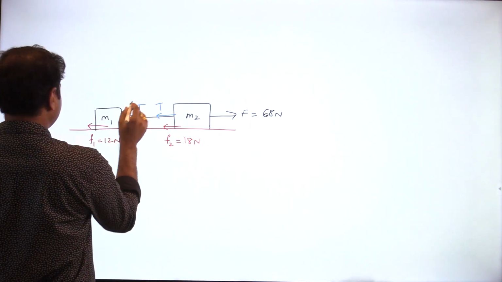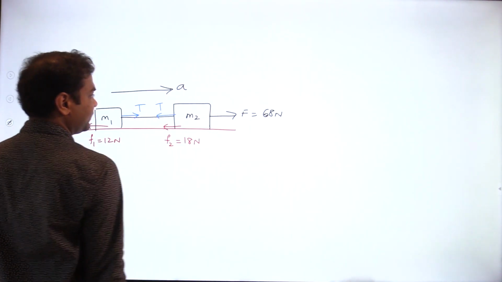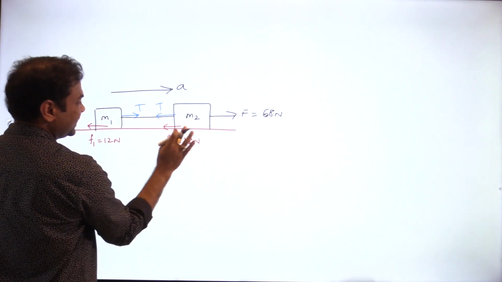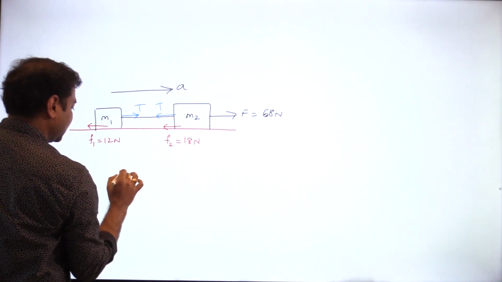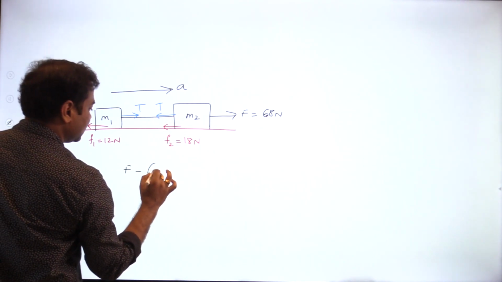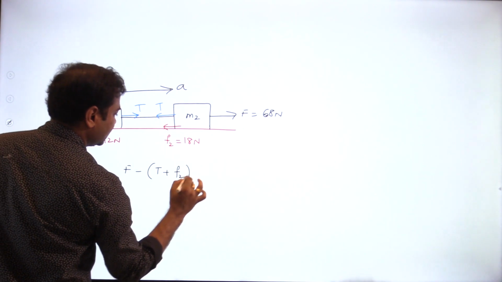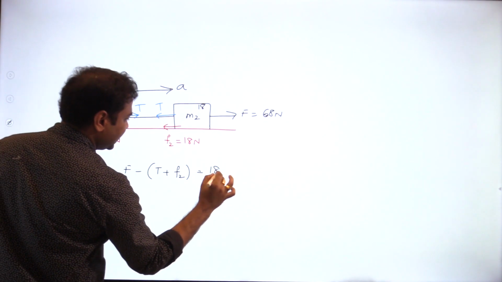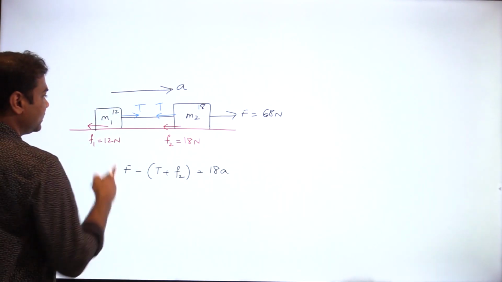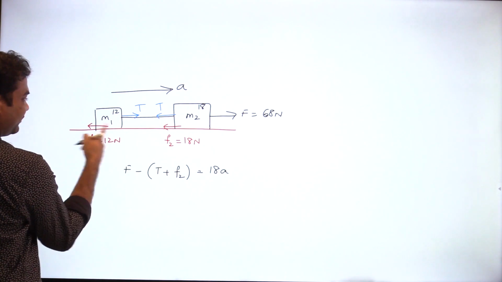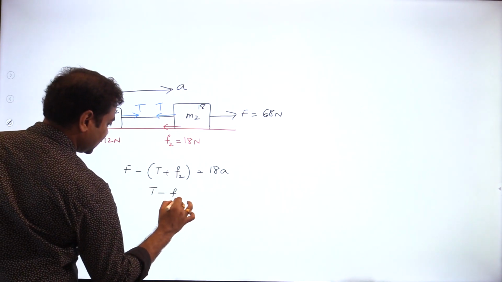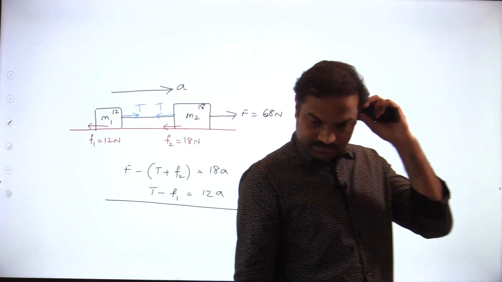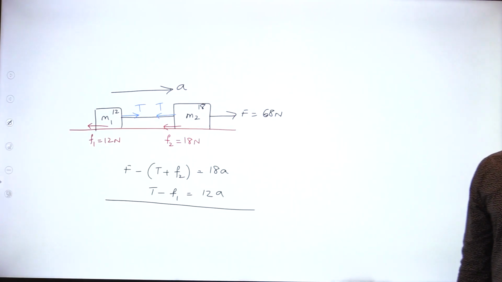The entire system will go with acceleration A forward. On the M2 block, F is acting forward, F2 and tension are acting backward. So F minus T minus F2 is equal to 18 into A. On M1, tension is acting forward and F1 is acting backward, so T minus F1 is equal to 12 into A. These are Newton's laws of motion equations.